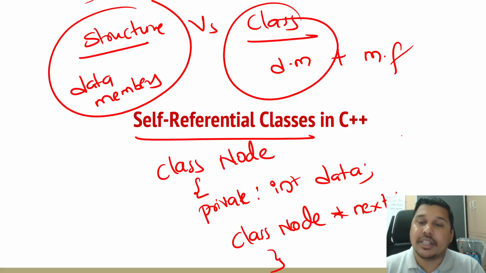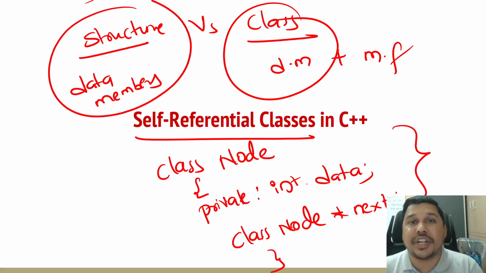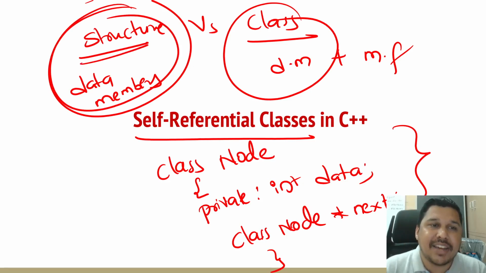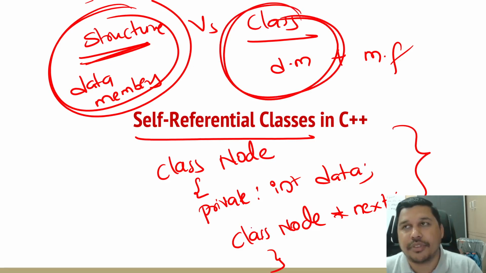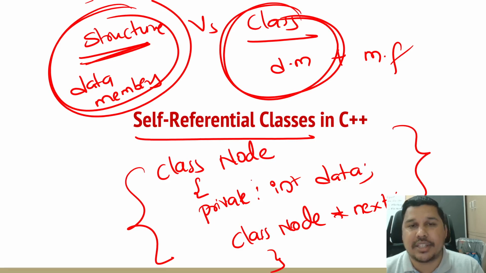That's it. This is your self-referential class. Instead of using a structure and creating a variable for it, you are using a class and you can create an object for it, right? So to implement linked list or tree data structures, wherever there is a linked list or tree implementation, we have to use self-referential classes.